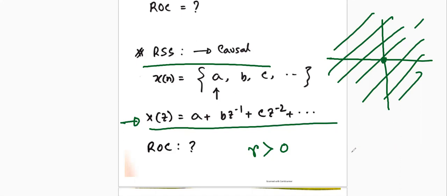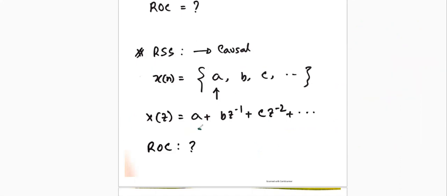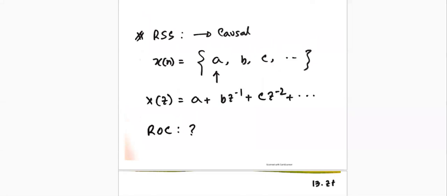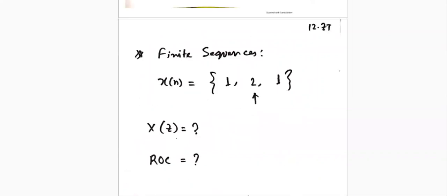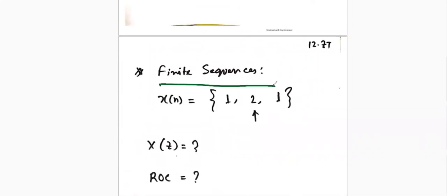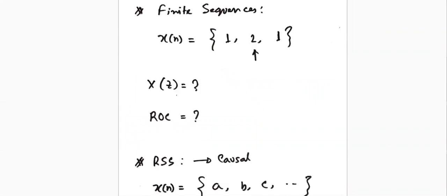That is the ROC of the right-sided sequence. From this equation, you can find it very easily. This is a finite series, and in the previous example as well, this is a finite sequence. So we are talking about finite sequences.